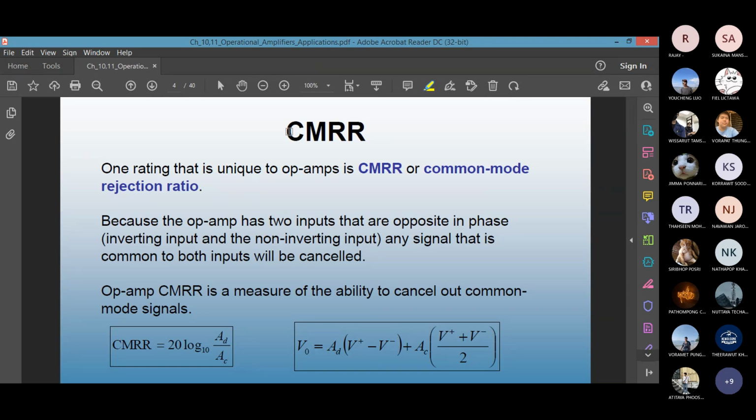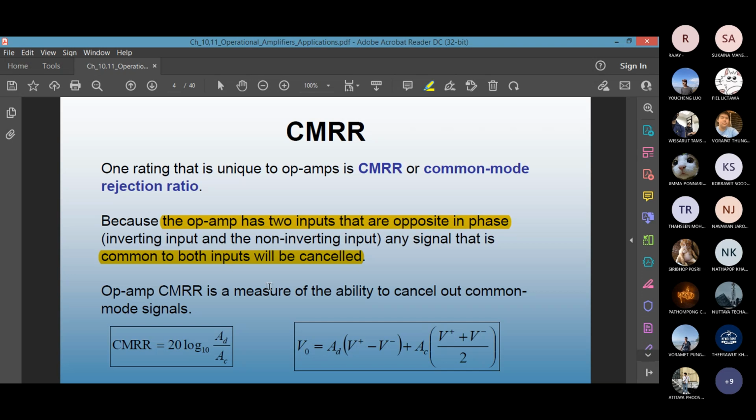A good op-amp should have a high common mode rejection ratio, which means that whatever output you get is very close to the pure input signal, and it is not a mix of input signal and some unwanted noise. Because the op-amp has two inputs that are opposite in phase, any signal that you put in common mode will be cancelled.